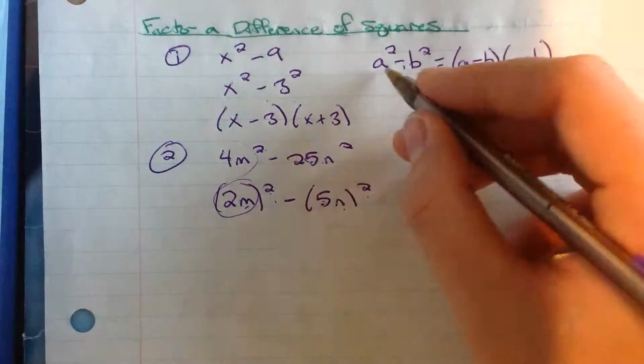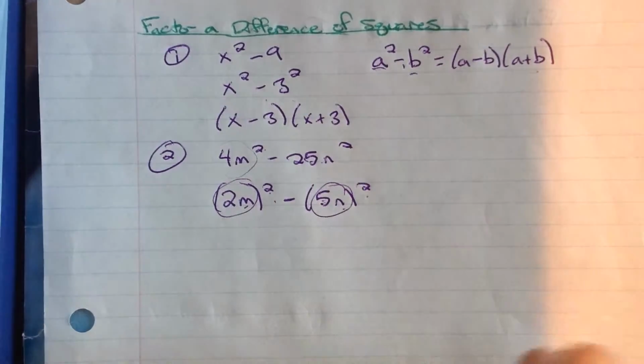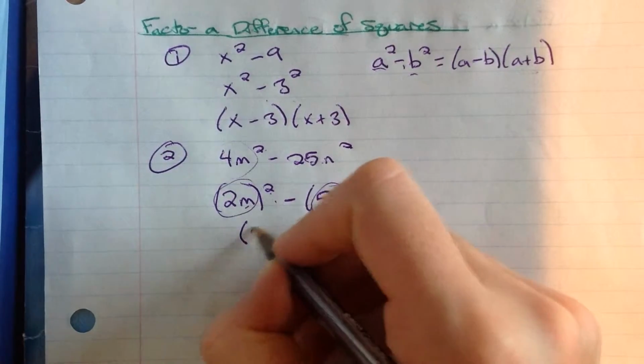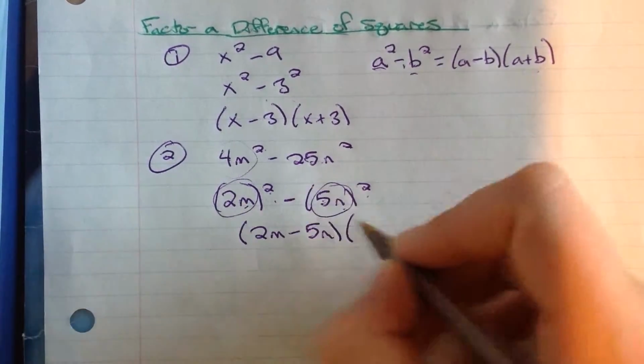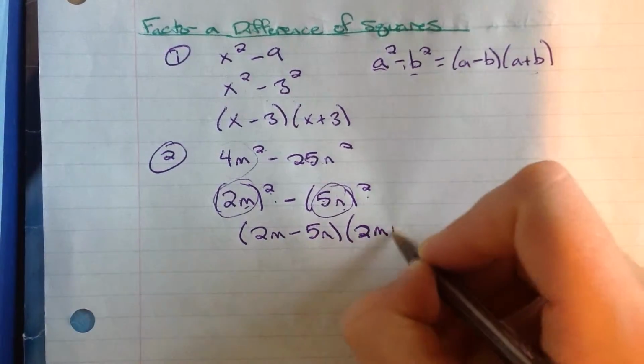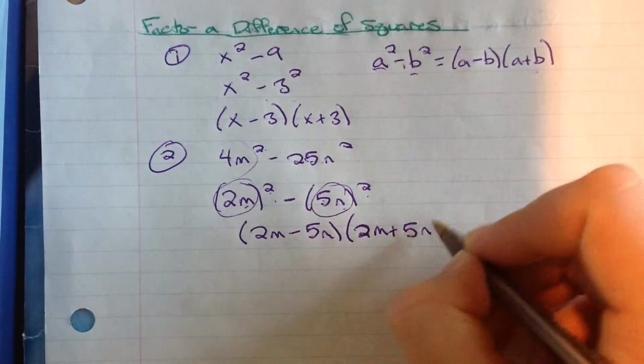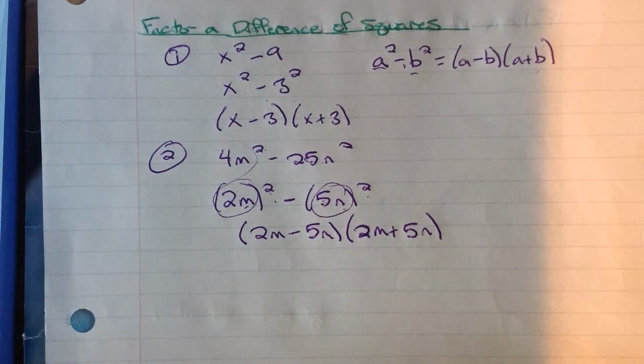So this becomes my a, and this becomes my b. So now, to factor it, I just say a, 2m, minus b, 5n, times a, 2m, plus the b, 5n. And I factored it.